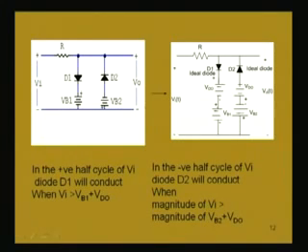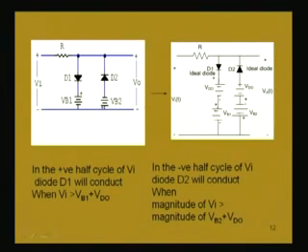It is VB1 plus VD naught, the two batteries being in series, with this point negative and this point positive. So, VB1 plus VD naught is the potential here. So, when Vi is greater than VB1 plus VD naught, then this diode D1 will be conducting.